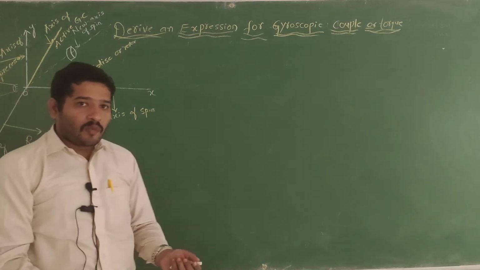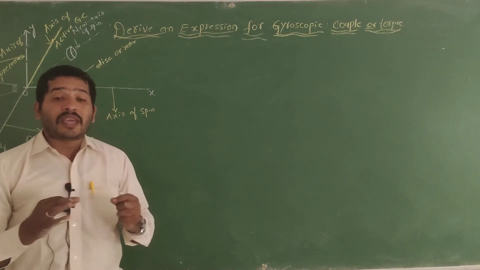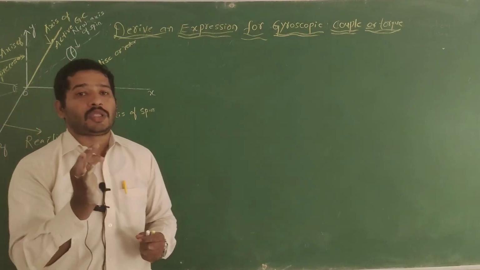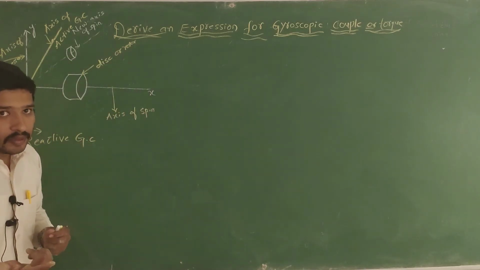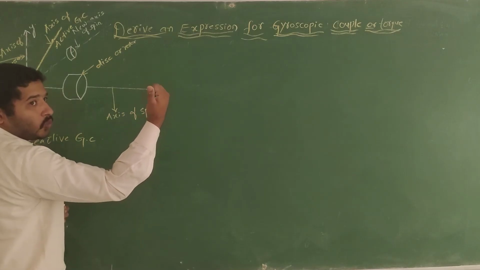How do we find out whether the disc is rotating clockwise or anti-clockwise? We can easily find out with the help of the right hand screw rule. Let us see over here. We are following the right hand screw rule.